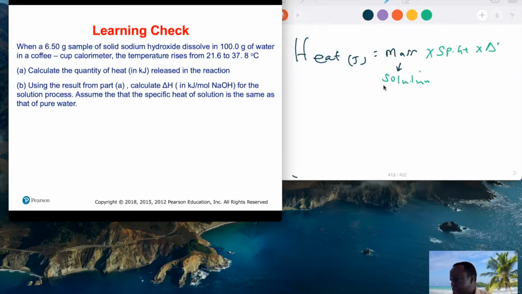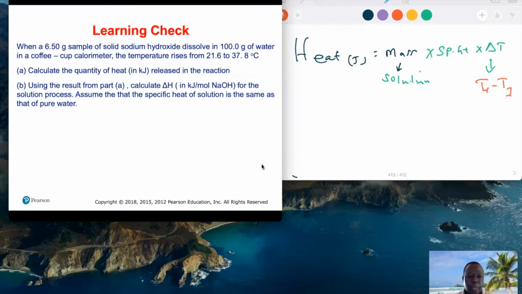Times change in temperature. We can find the change in temperature by subtracting, from the difference, T final minus T initial. Can you see my screen, everybody?